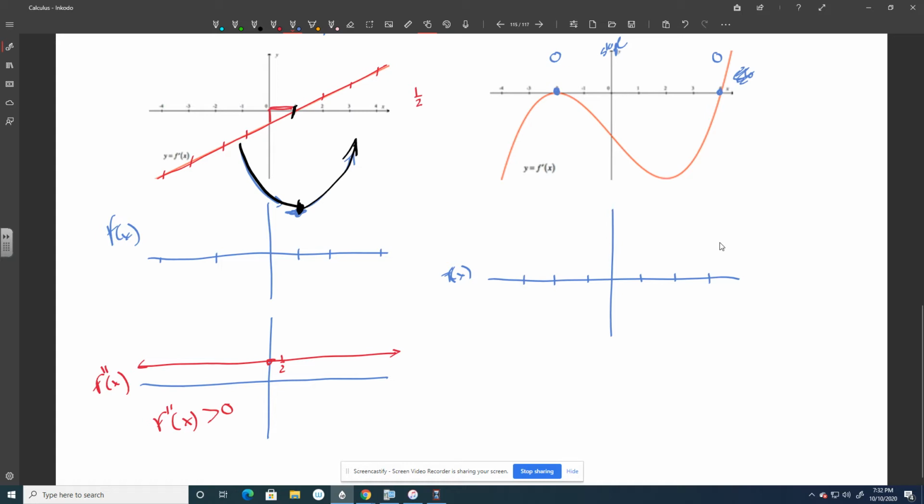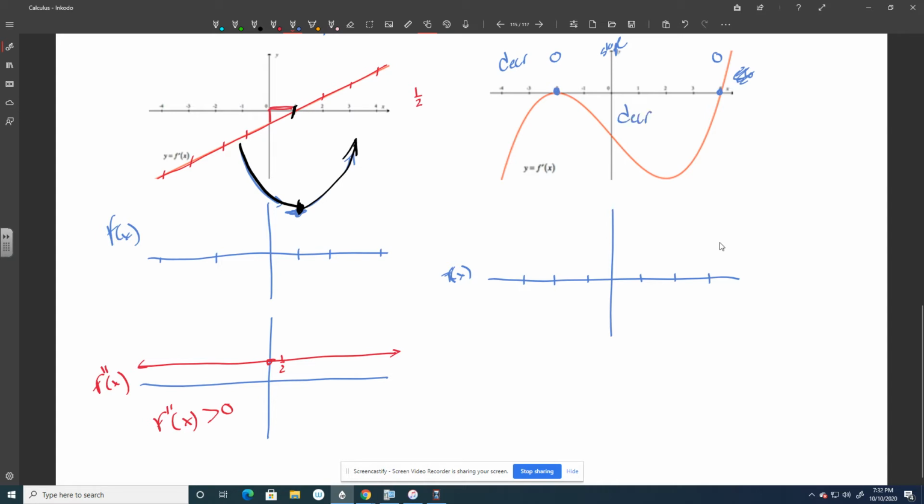So if I look to the left of this point, all of these values are negative, which tells me that my function is going to be decreasing until I get to 0. Then after 0, my values are still negative all the way until I get clear over here to 4.